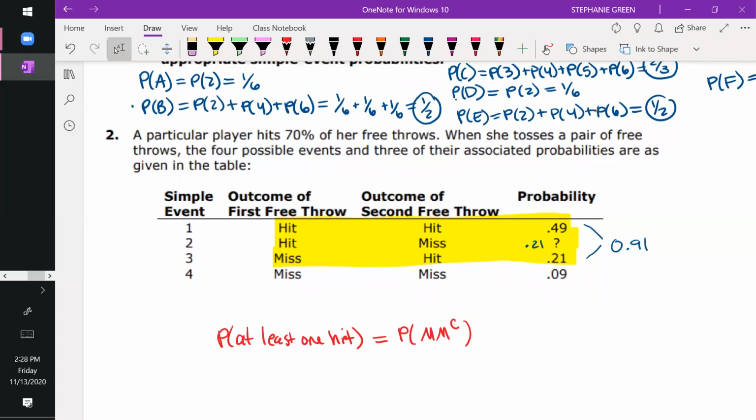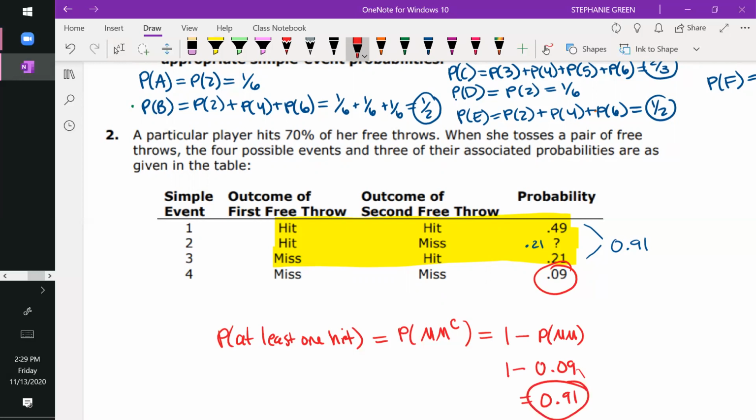So another way I could have approached this, I could have said the probability of getting at least 1 hit is equal to 1 minus the probability that she misses both times. So that would be 1 minus 0.09, which again is 0.91. You get the exact same answer.